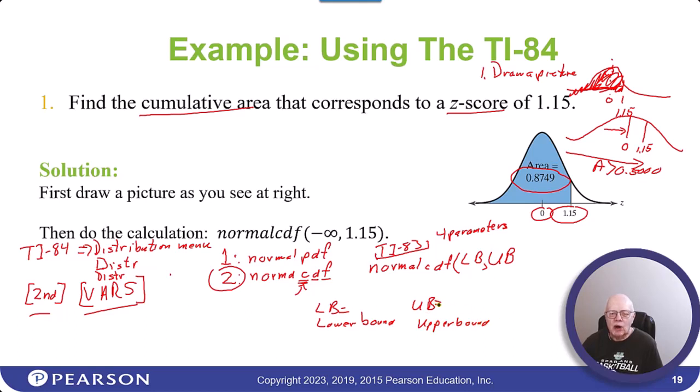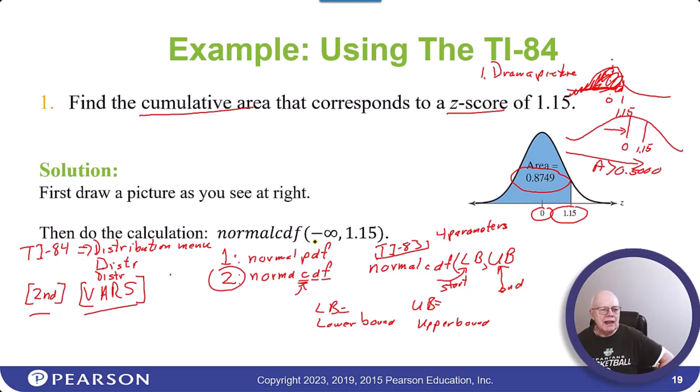That is where you want the calculator to stop and add up everything that it's accumulated up to that point. So think of the lower bound as being the start and the upper bound being the end.